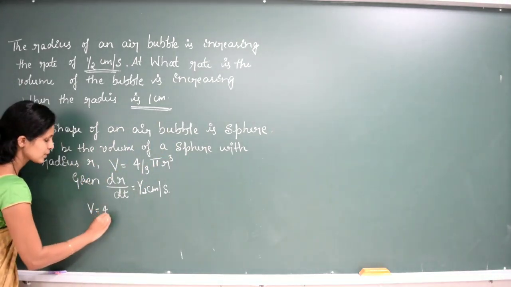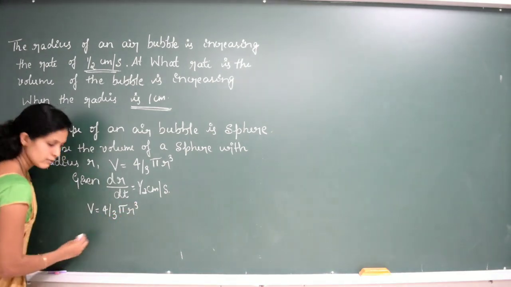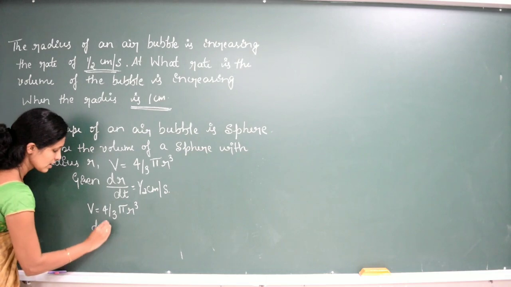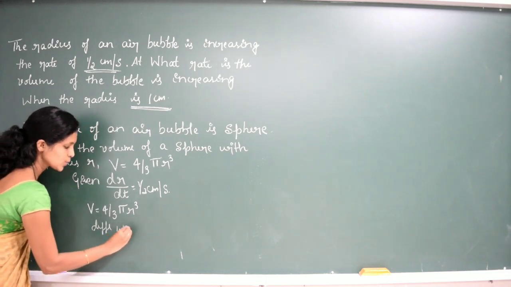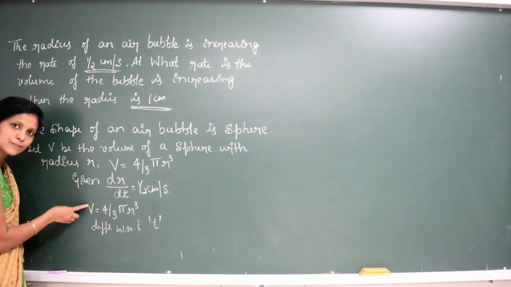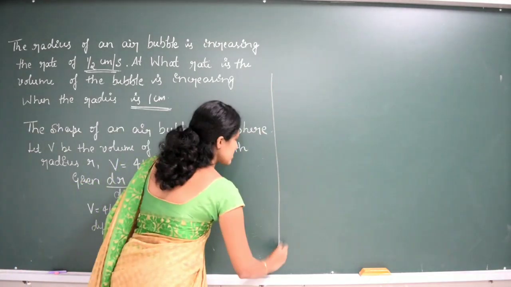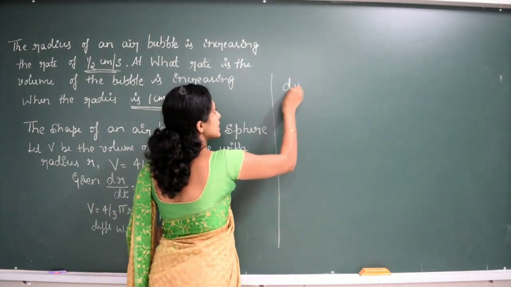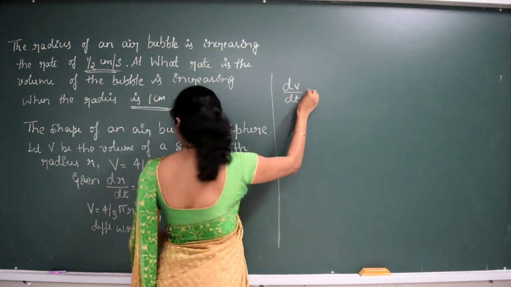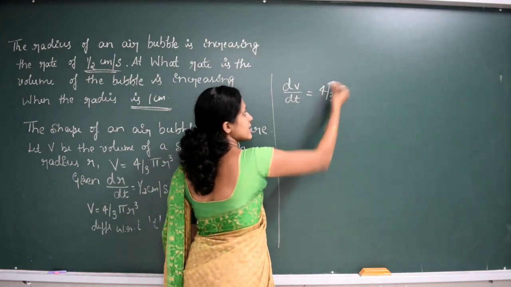So we'll have this one. V is equal to 4 by 3 pi r cube, right? We'll differentiate this with respect to t. If you differentiate this with respect to t, we'll get the rate of change of the volume of a sphere with respect to time. So this is now dv by dt is equal to 4 by 3, and pi is constant as it is.